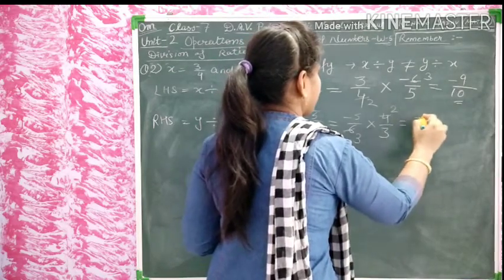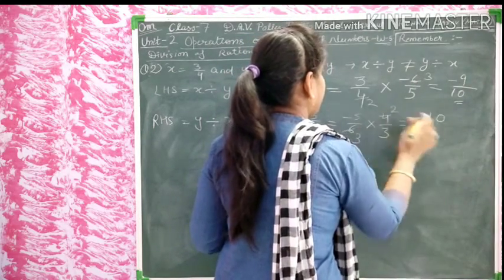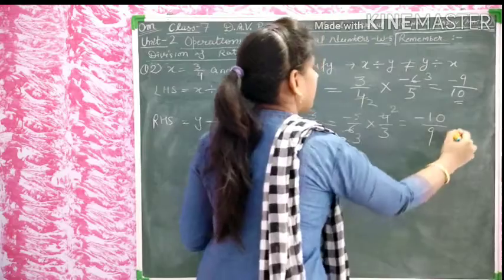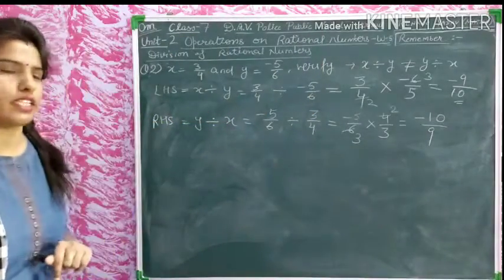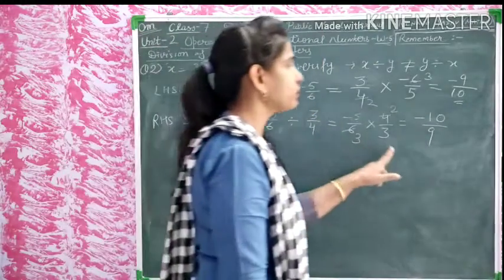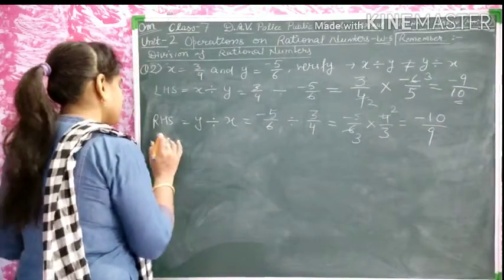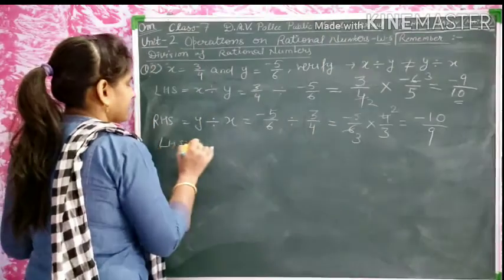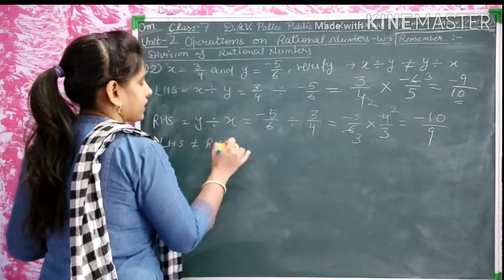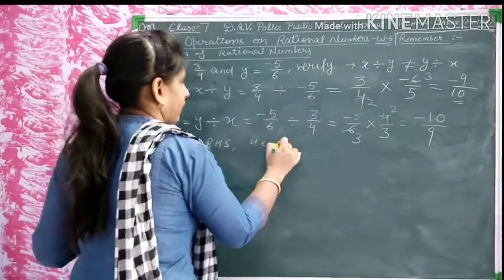No number is cut here. Minus 10 by 9. But students, you are seeing here that both are not equal. LHS is not equal to RHS. Hence verified.